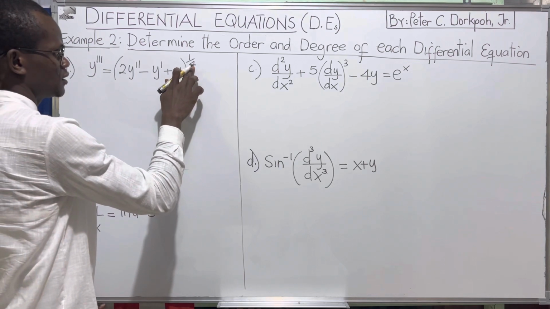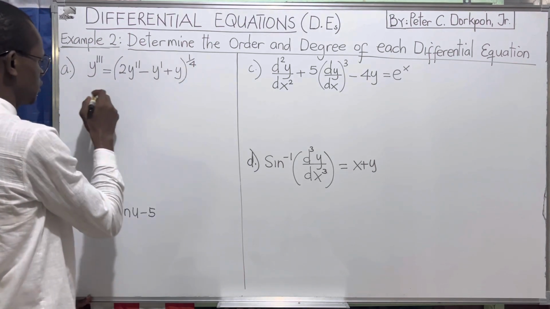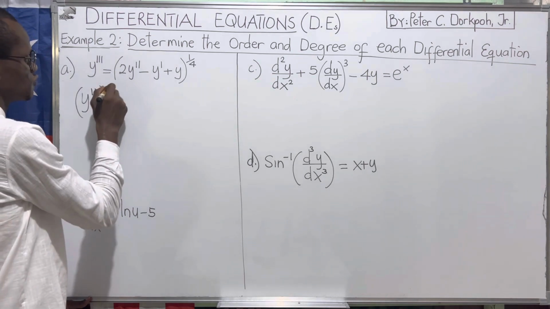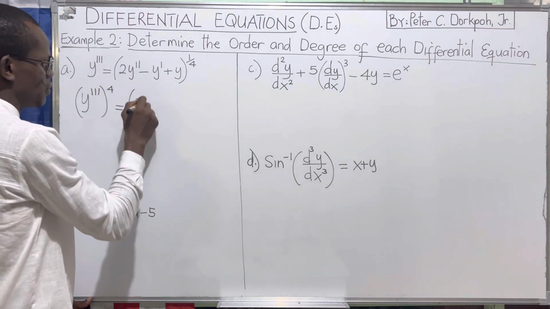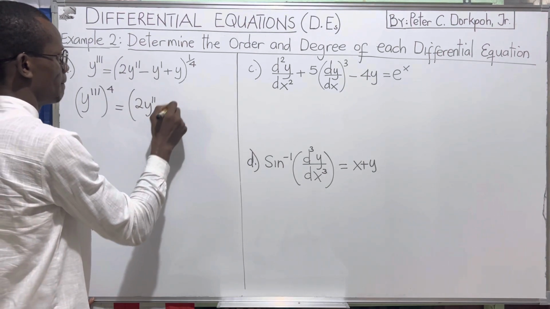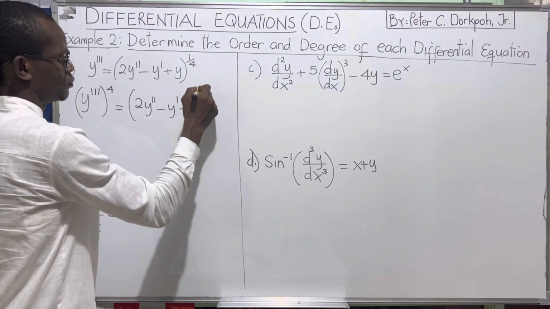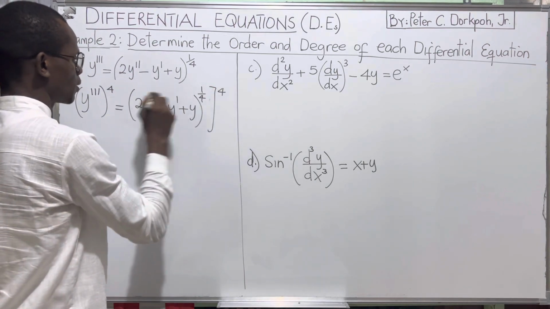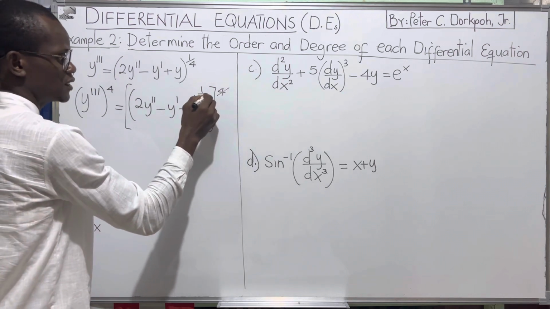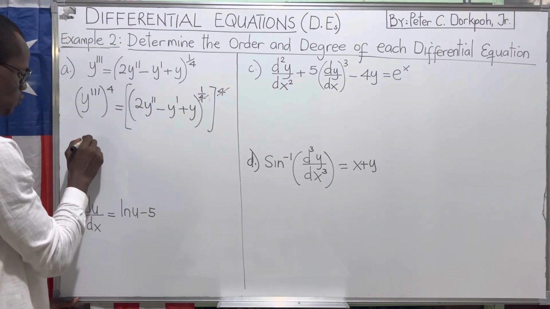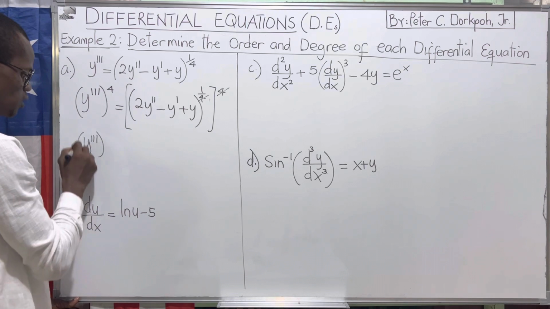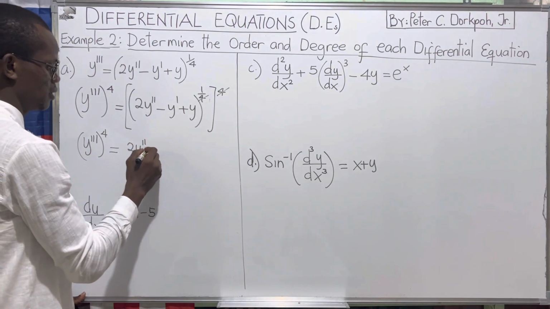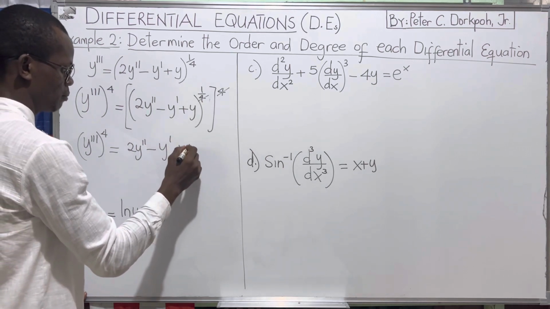So we can get rid of this fractional power by raising both sides of the equation to 4. This is 1 over 4. If I raise it to 4 as well, this 4 cancels this 4. So I'll be left with y prime prime prime raised to the 4th power equals 2y prime prime minus y prime plus y.